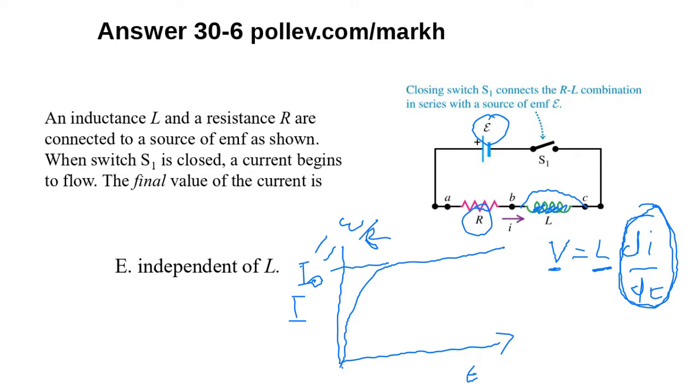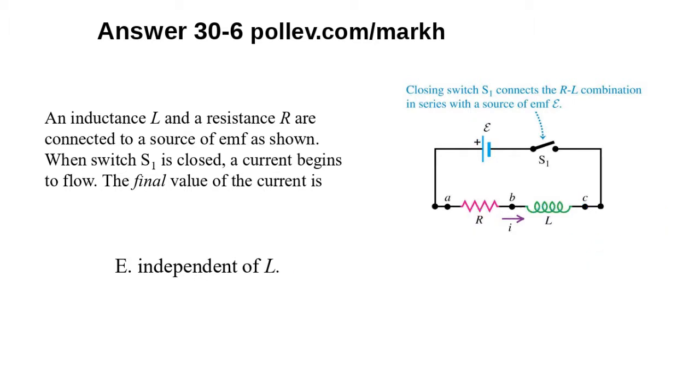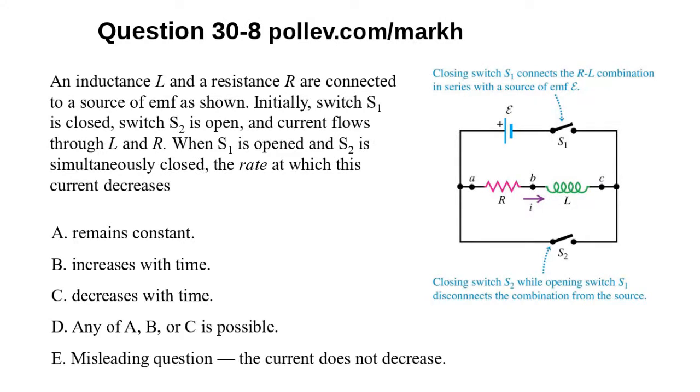So let's have a go at one more question and then we'll move on to something else. Final question on the time response of inductors. Here we've got an inductance L and a resistance R that are connected to a source EMF as shown. Initially, switch S1 is closed, switch S2 is open and current flows through L and R, the inductor and resistor.